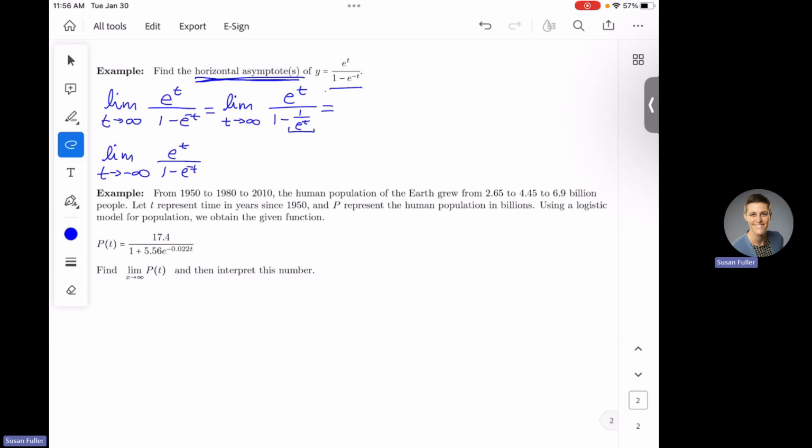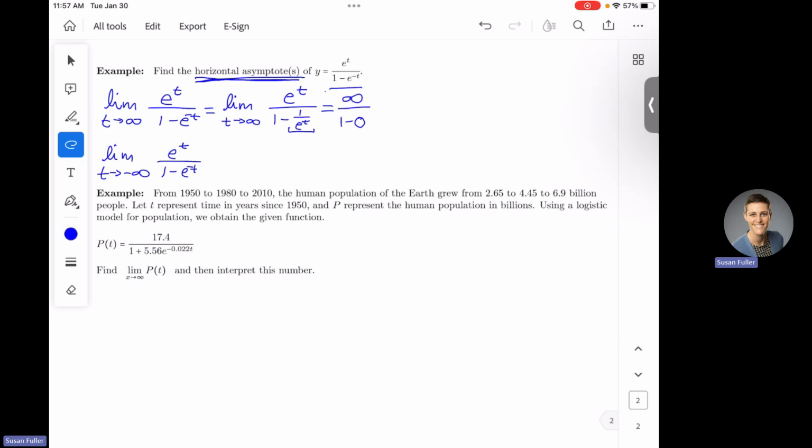Again, the top is going to blow up to infinity. It keeps getting bigger and bigger. Now on the bottom, we have 1 minus 1 divided by e to the t. As t gets bigger and bigger, e to the t gets bigger and bigger, which means 1 divided by bigger and bigger numbers gets smaller and smaller, and this thing heads toward 0.